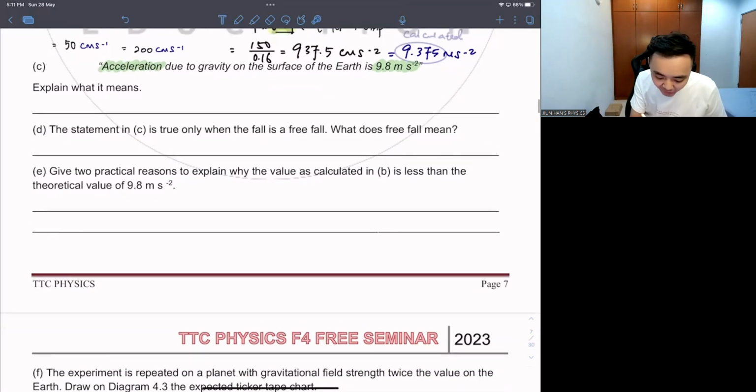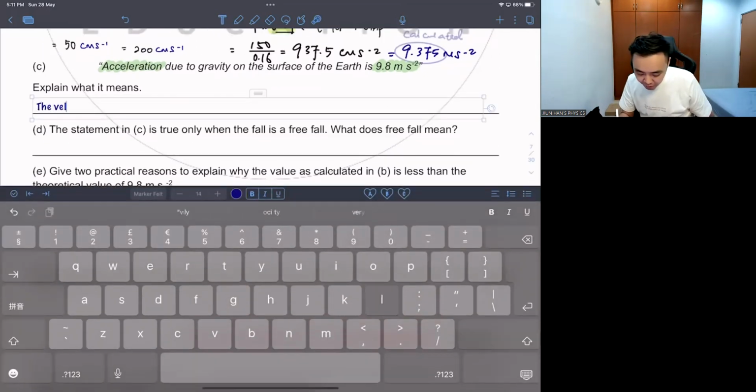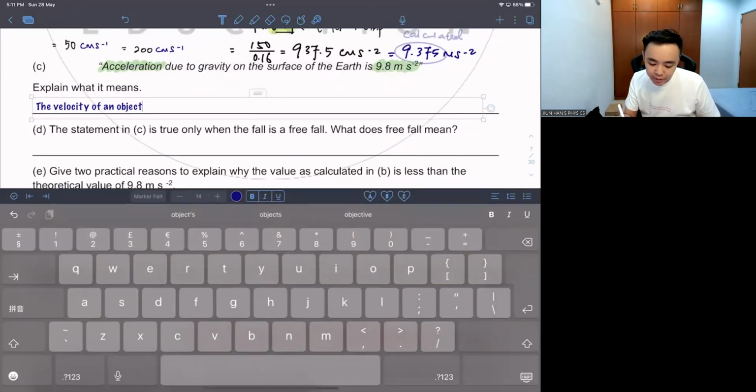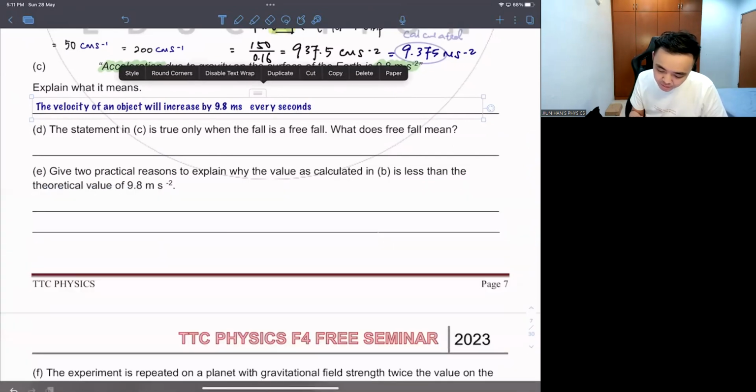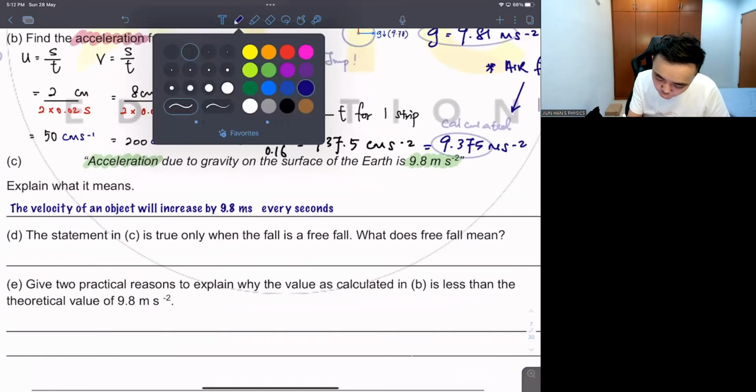So the meaning of acceleration, that means what? The velocity of an object will increase by 9.8 meter per second every second. Okay, here you put how many?